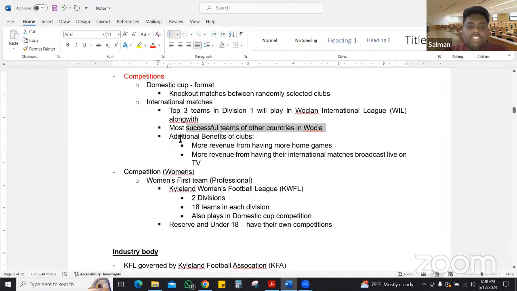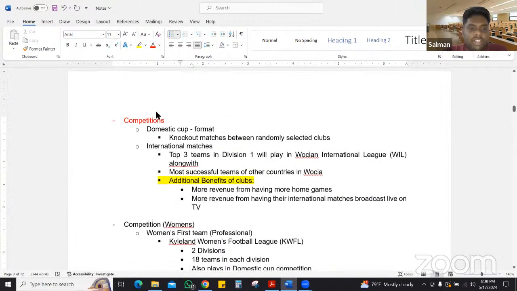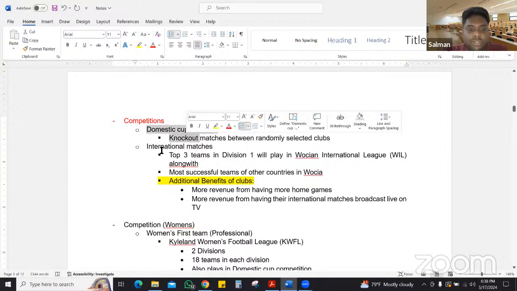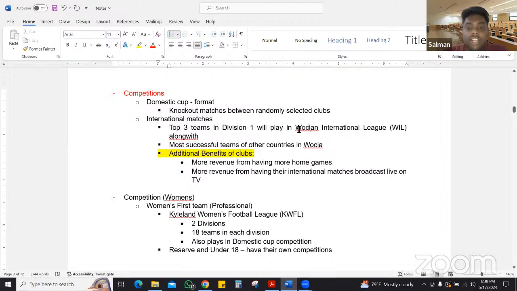Now, in the international league, what are the additional benefits? The additional benefits for clubs, comparing the domestic cup in the Thailand Football League to the Wokian International League, is that we have more revenue from having more home games.